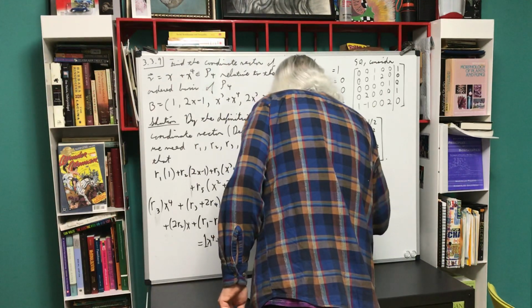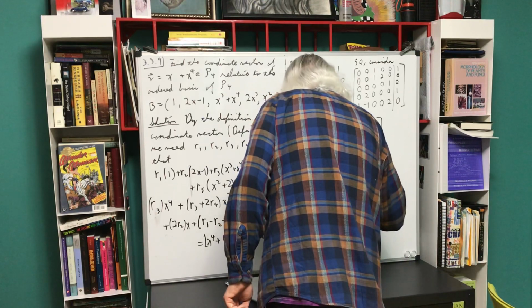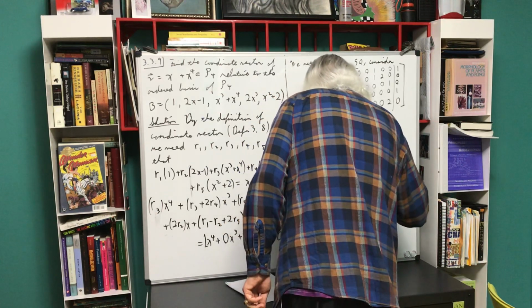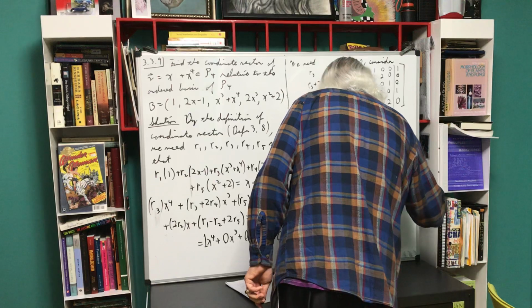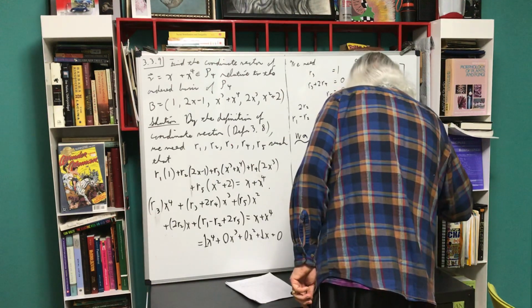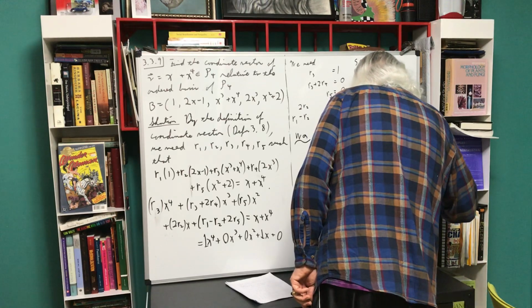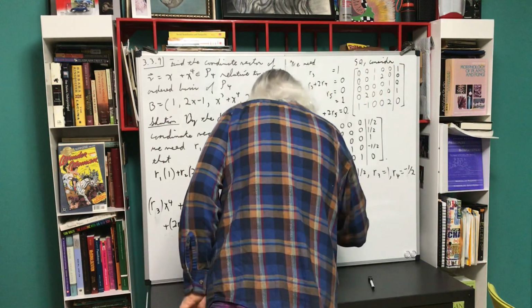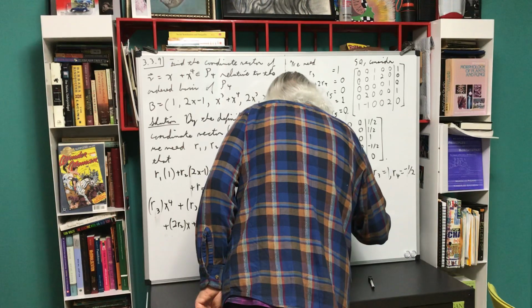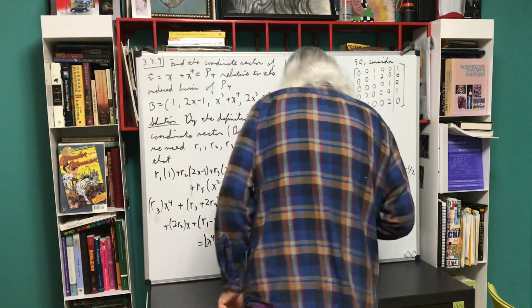So R1 equals 1/2, R2 equals 1/2, R3 equals 1, R4 equals negative 1/2, and R5 is 0.